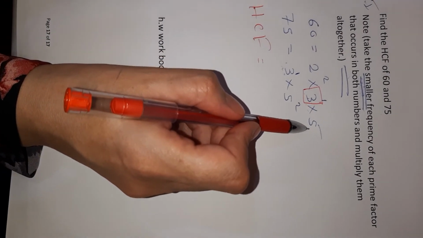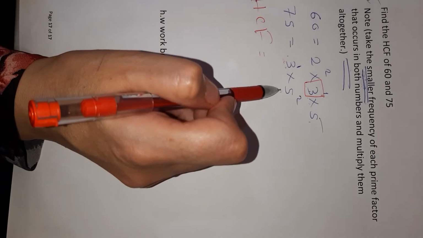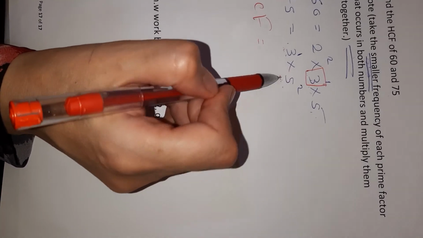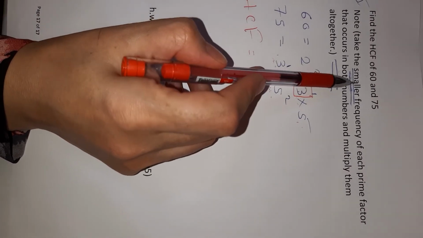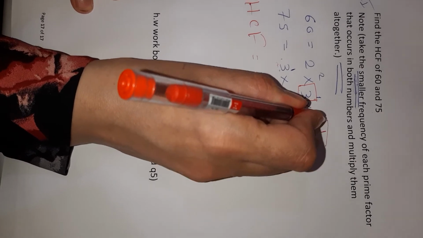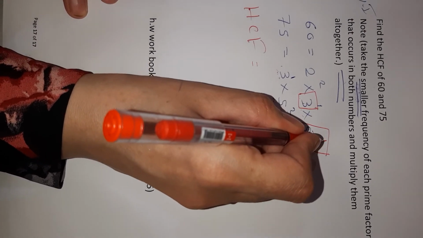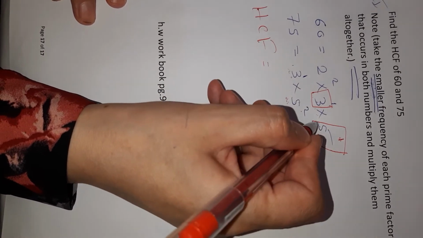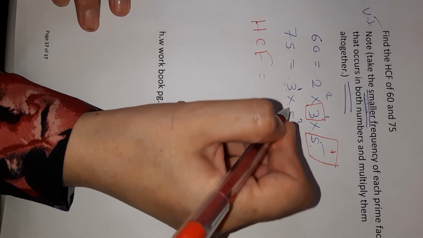Now here times 5, and here we have 5 squared. So these two expressions have 5 in both. Take the smaller. The frequency is 2, the frequency is 1. Take the smaller frequency of each prime factor that occurs in both numbers.